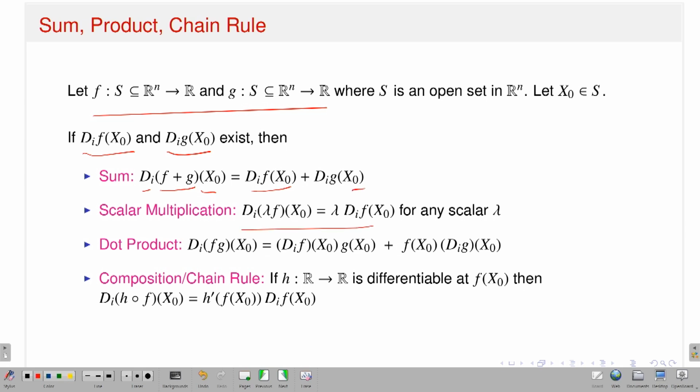Similarly, for scalar multiplication, you can take out the lambda from outside. That means, the partial derivative of lambda f with respect to xi at x naught is exactly equal to lambda times the partial derivative of f with respect to xi at x naught.